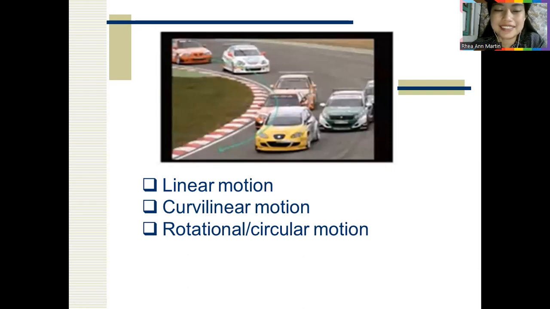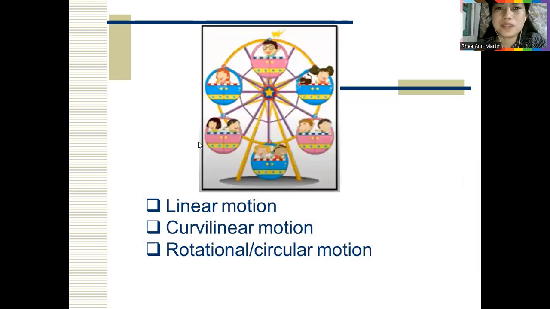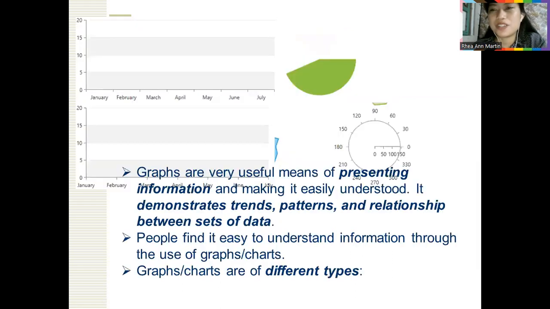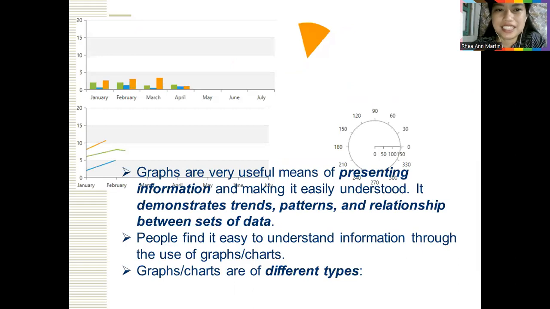It is curvilinear motion. You got it. Next, this item is easy. From the picture alone, you could see what it is. What is your answer? Correct. Rotational circular motion. I hope you enjoy the activity.